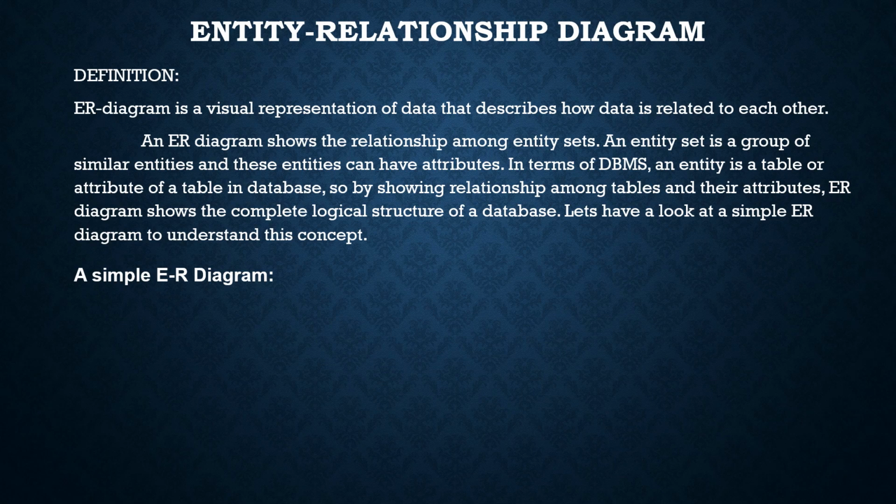Here the relationship between teacher and student is teaching; actually the teacher is teaching the student. An entity set is a group of similar entities, and these entities can have attributes. Attributes means properties of that entity.